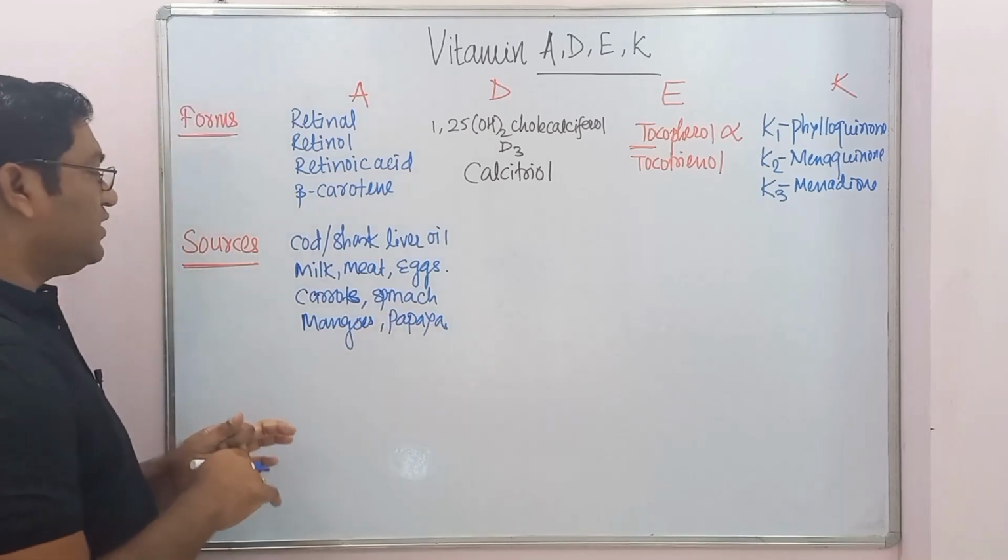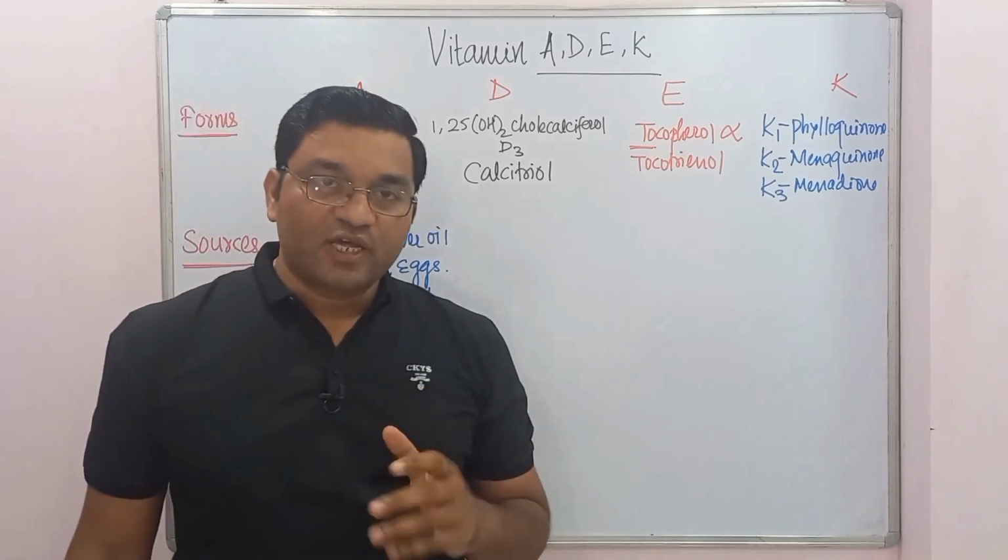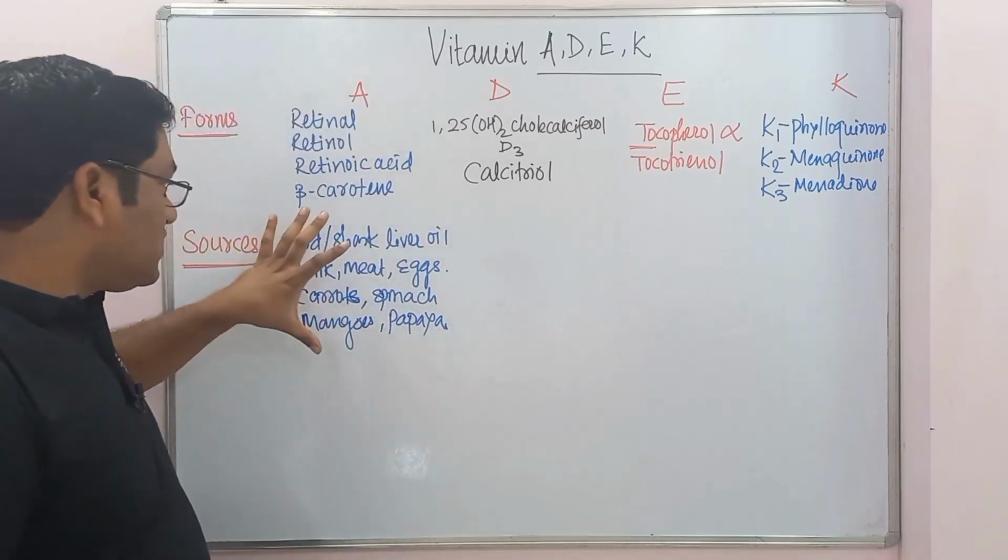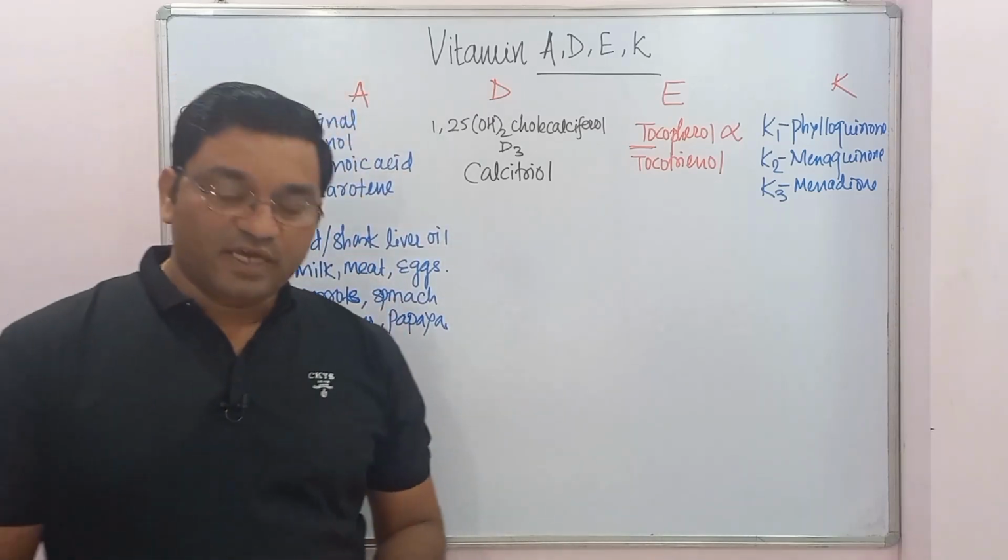These contain vitamin A in the beta carotene form. So these are the important sources of vitamin A.